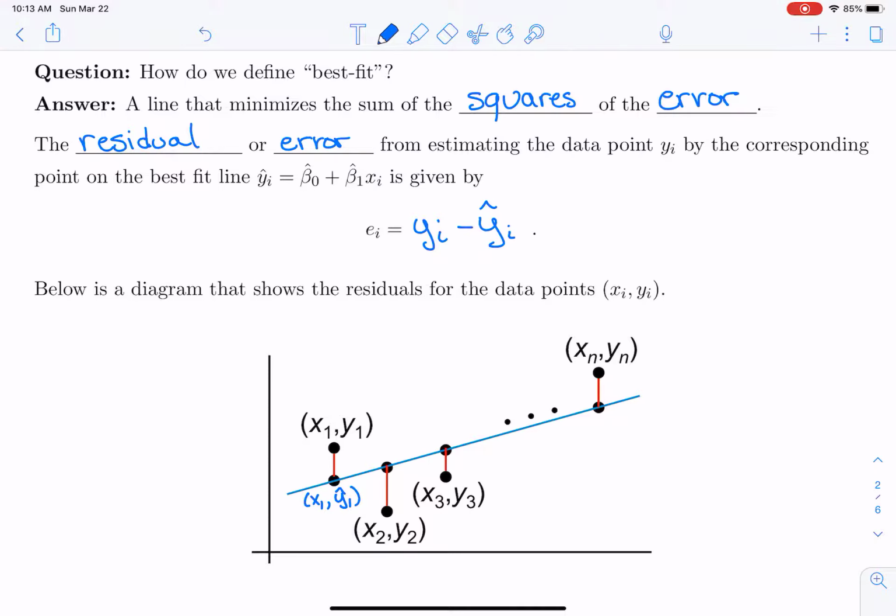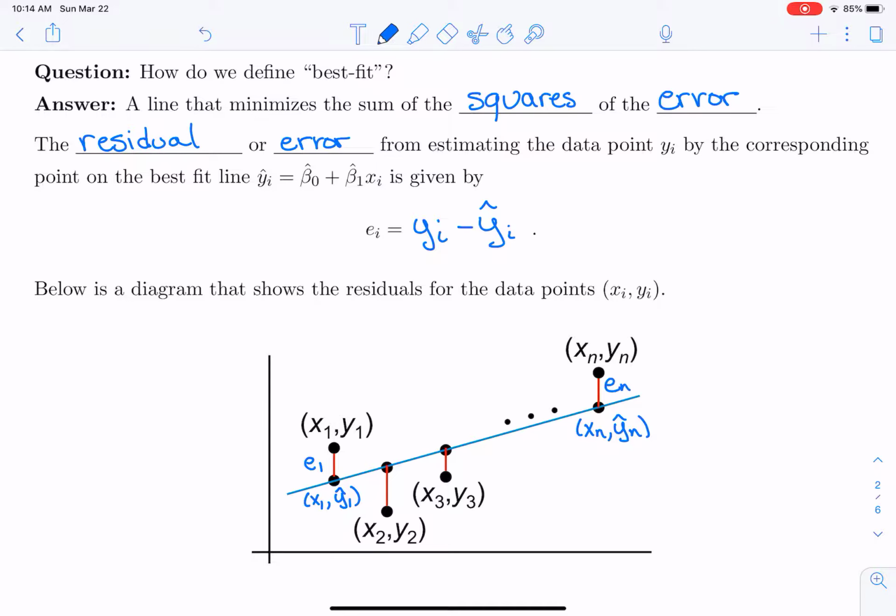And then the difference between the data point y sub 1 and y sub 1 hat is that red distance. We'll call that e1. And you can do that for all the data points. So you can see, say, xn, yn, and you'll have the point on the line that best estimates, which is xn, yn hat, and then the red line there would be en.